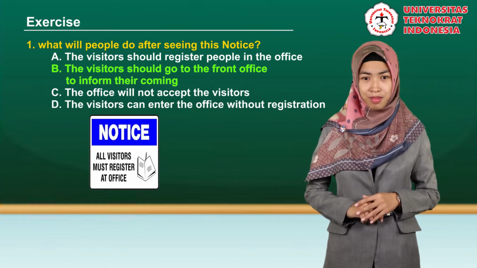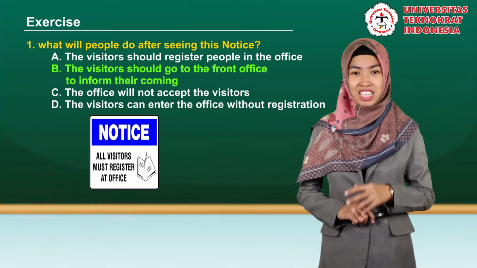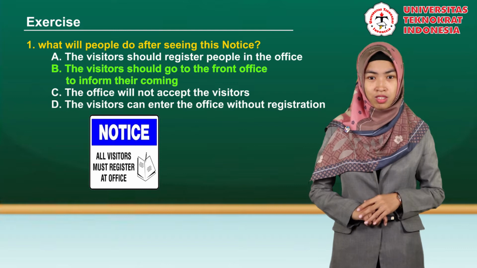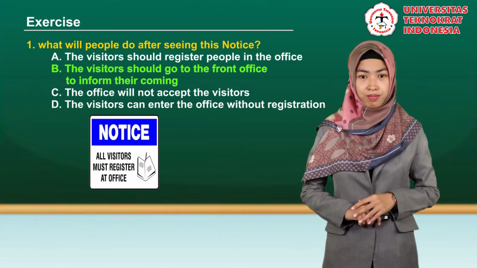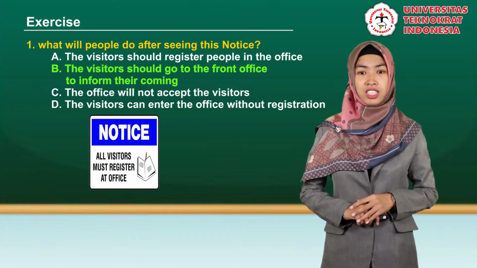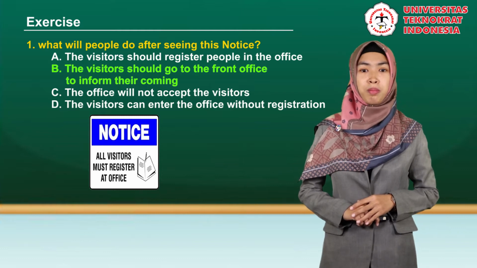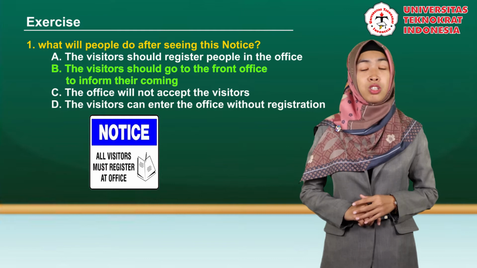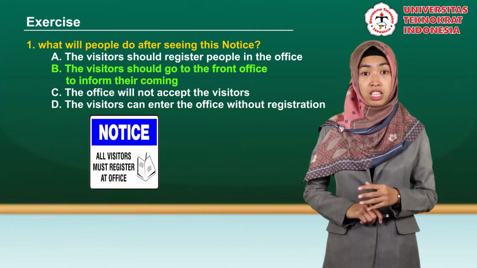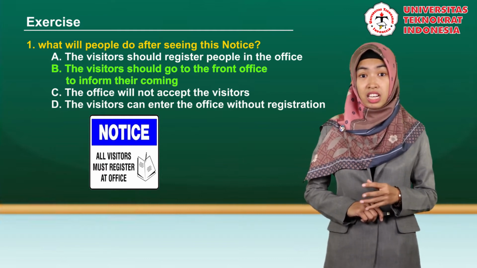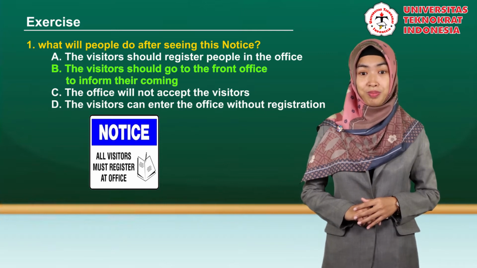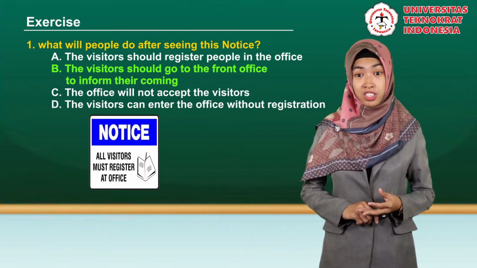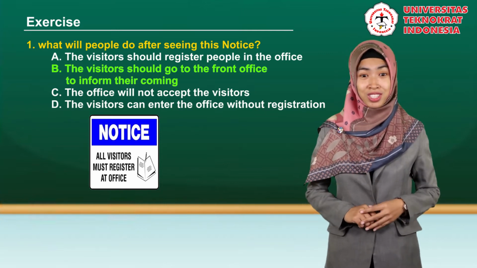Why is it B? So let's check one by one. For the option A, the visitors should register people in the office. There is no information related to that option, right? And it doesn't make sense. So why should the visitor register people in the office?